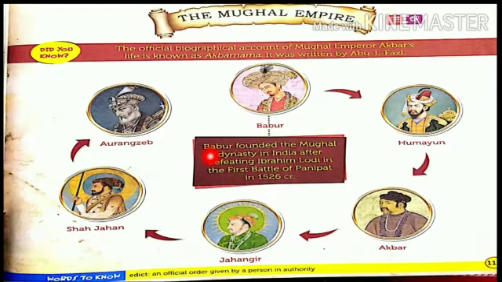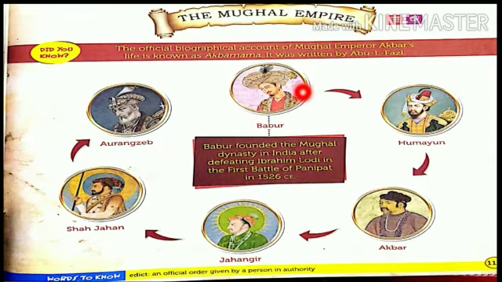Children, Babur was the founder of Mughal dynasty. So, who was the founder of Mughal dynasty? Babur. Babur founded the Mughal dynasty in India after defeating Ibrahim Lodi in the first battle of Panipat in 1526. Clear, children?